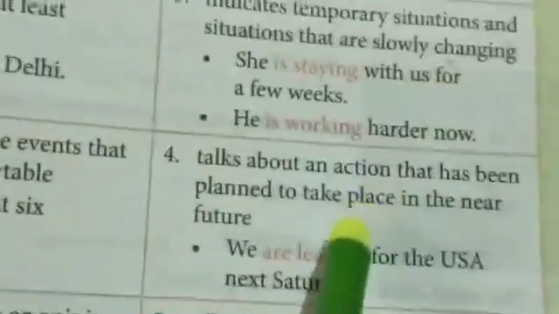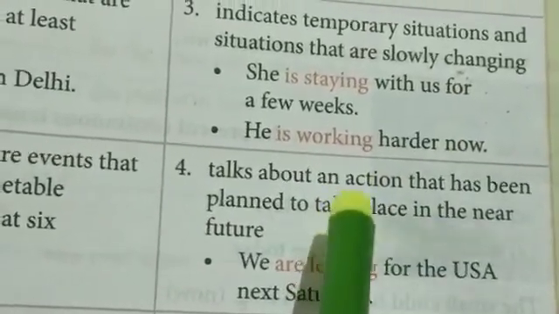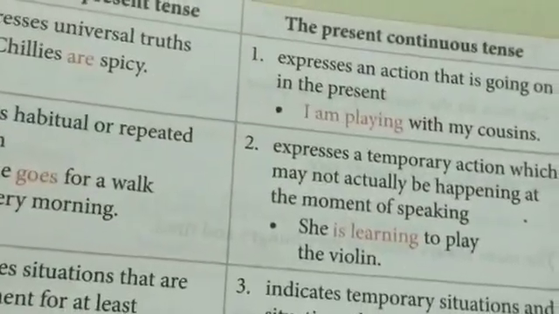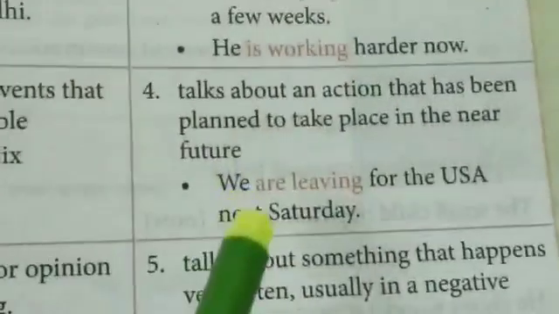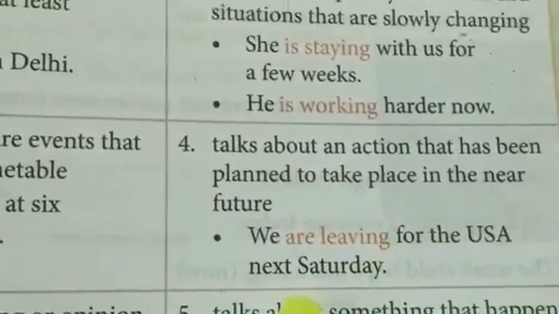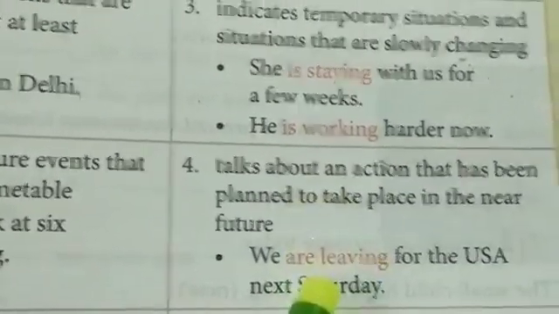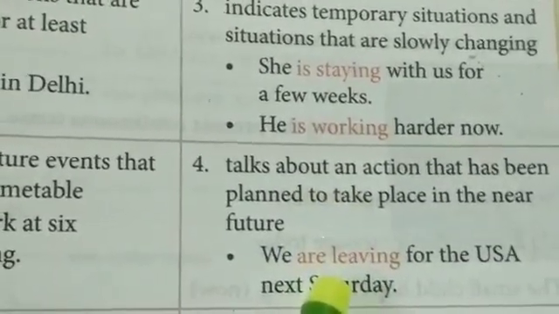And if I have planned some action which will take place in the near future, I will use present continuous tense. Like we are leaving for USA next Saturday. So this is planned, that next Saturday we will do this thing. So we will use present continuous tense.